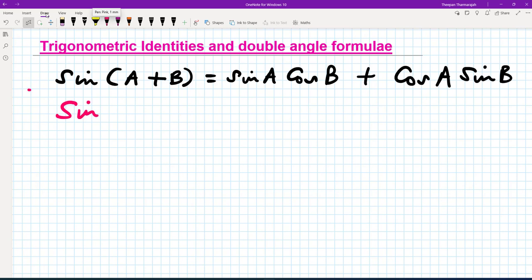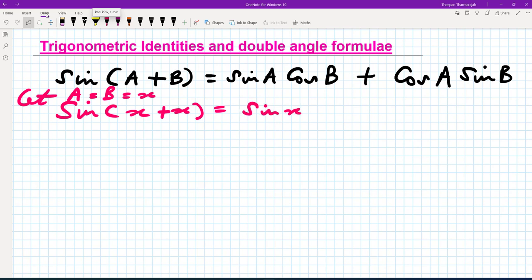So I'm going to say let A equal B, which is x. So it's going to be sine x plus x, and that's going to be sine x cos x, and then here we're going to do cos x sine x.